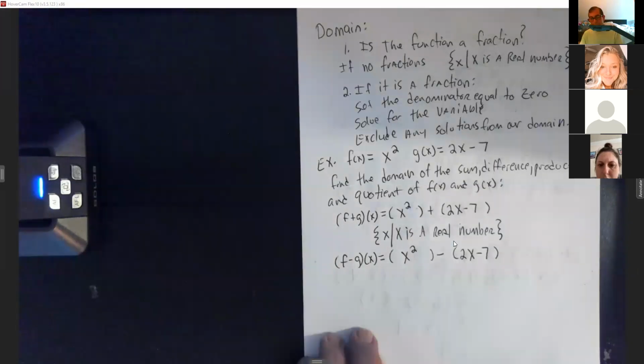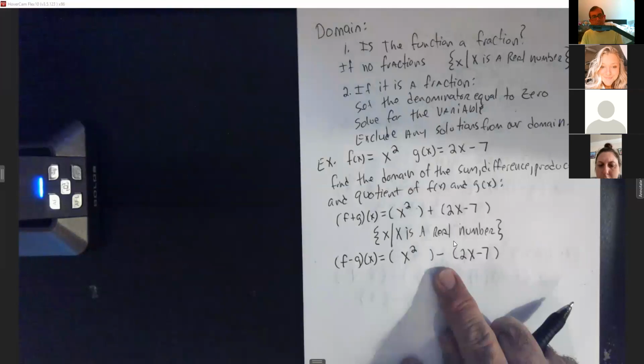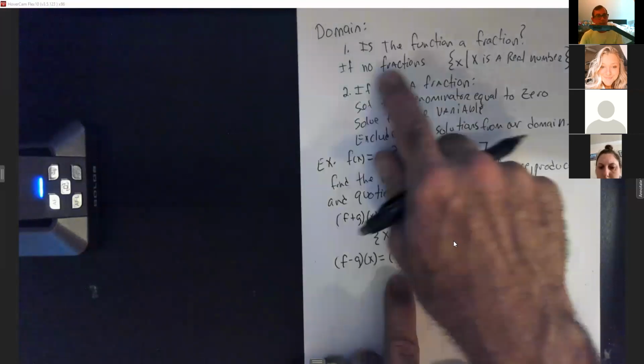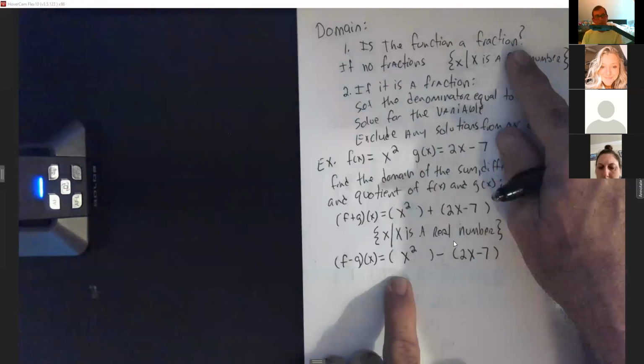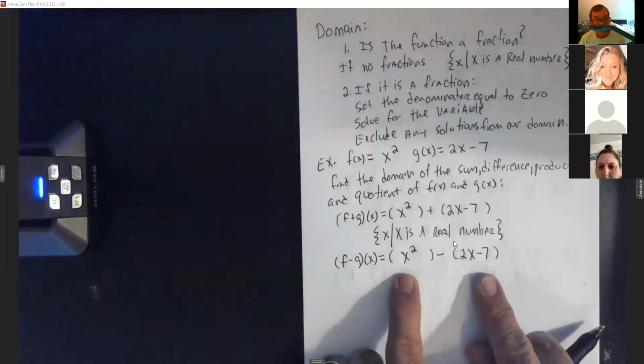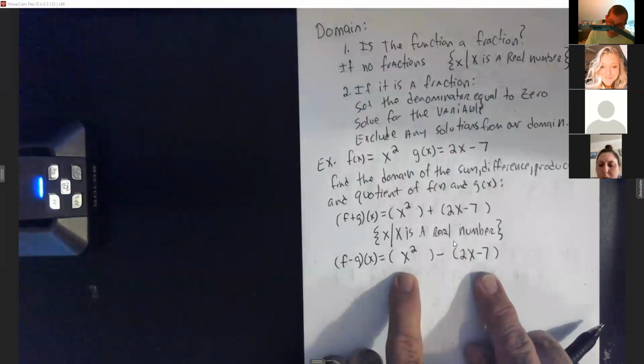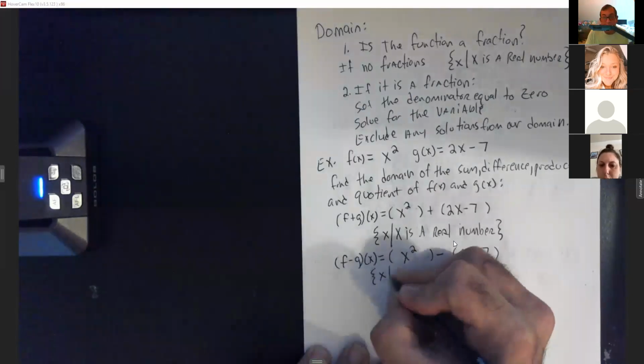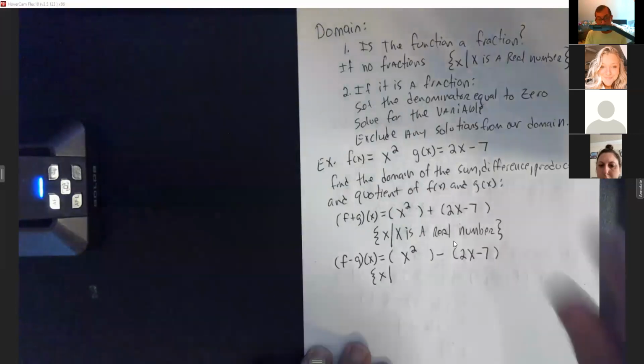So really, other than this one's subtraction and this one's addition, they're set up exactly the same. So I'm going to ask myself that question again. Is the function a fraction? And y'all, once again, neither one of these functions have fractions in them. So my domain is going to be x such that x is a real number.